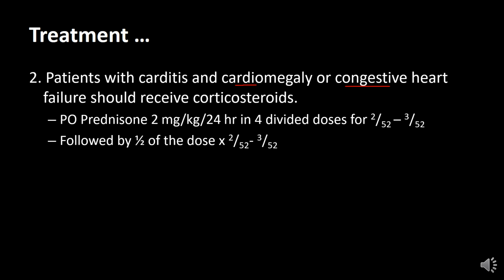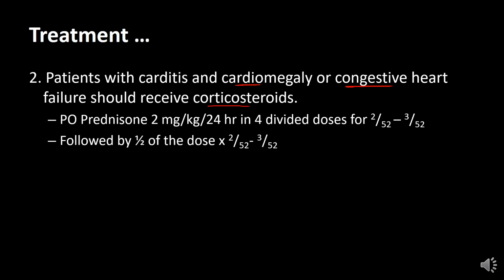Remember, previously, the children who presented with carditis and or arthritis, we only gave them salicylates. In this case, when the carditis is accompanied with cardiomegaly and congestive heart failure, we do not go for salicylates, we go for corticosteroids.